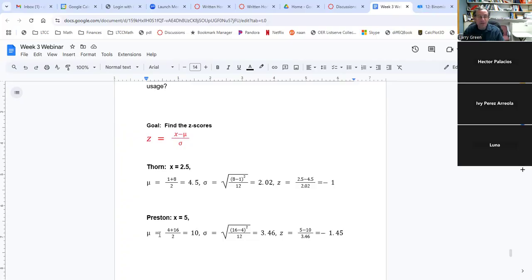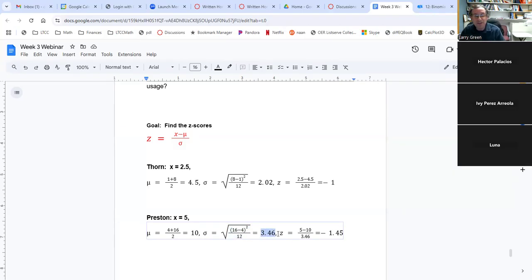So that means mu is 4 plus 16 over 2, which is 4 plus 16 is 20, 20 divided by 2 is 10. And then 16 minus 4 squared over 12, square root of all that, put in a calculator, and you get 3.46.